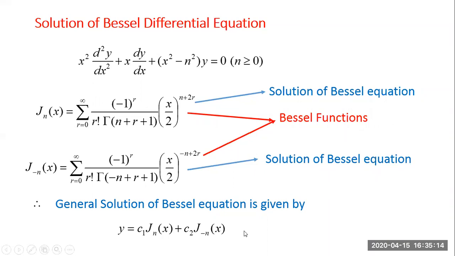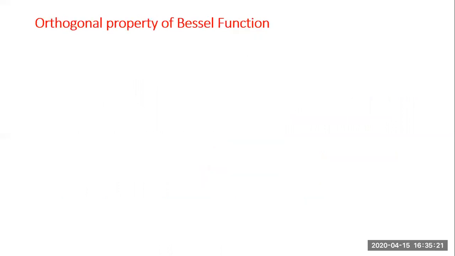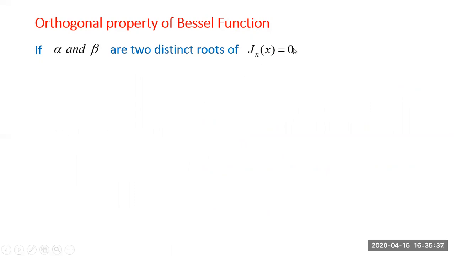In this video, we discuss one of the properties of Bessel's function known as the orthogonal property of the Bessel's function. This property is given as: if alpha and beta are two distinct roots of Jn of x equal to 0, so Jn of x is a Bessel function, and if I equate it to 0, I get an equation here.